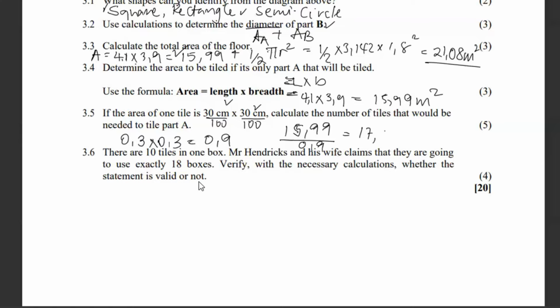Then that means we shall make it what? 18 tiles. There are 10 tiles in one box. So here we shall need, which becomes 1 comma, which is 2.